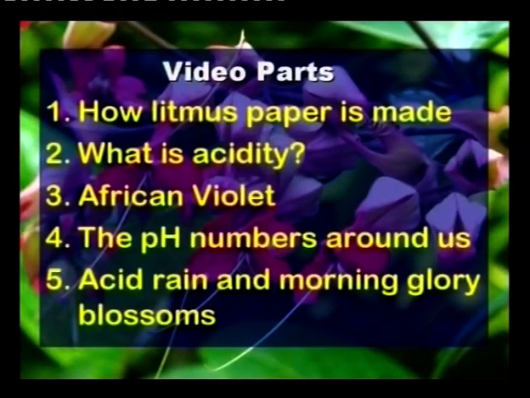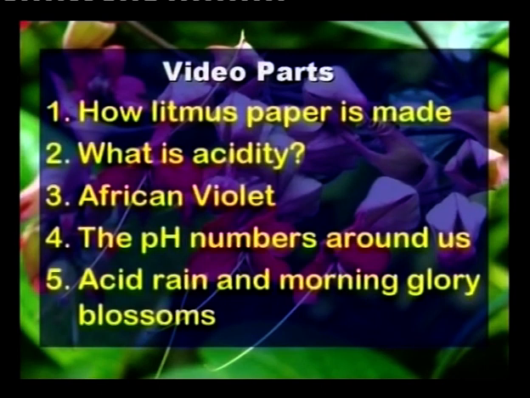Receiving students and the model class, in today's lesson you are going to watch a short video, and this short video has parts to it. In the first part of the video, you will watch how litmus paper is made. Number 2, what is acidity? African violet, which will be used as an indicator.